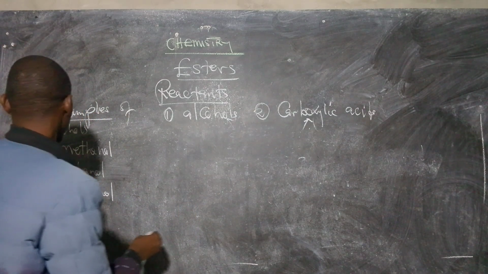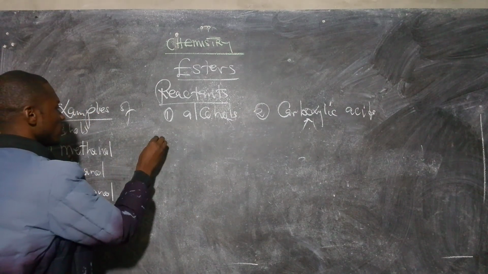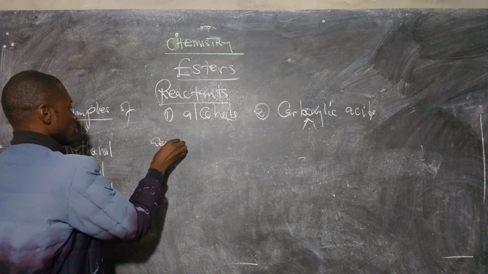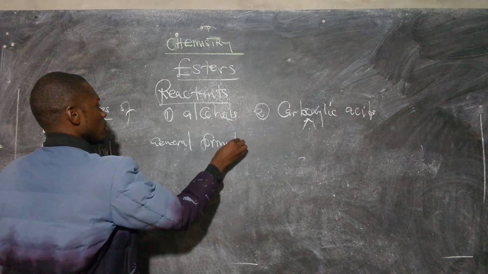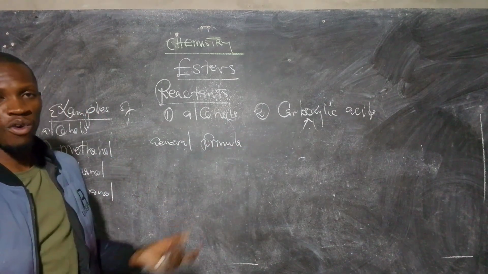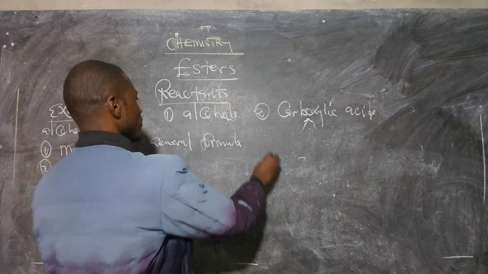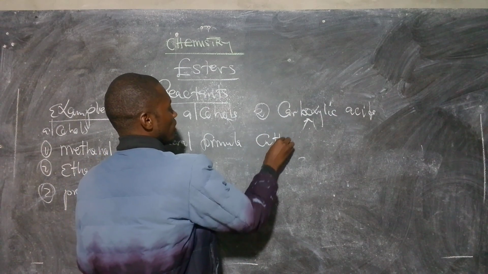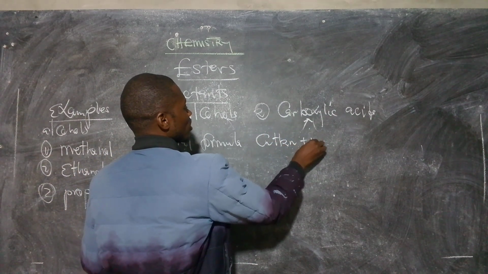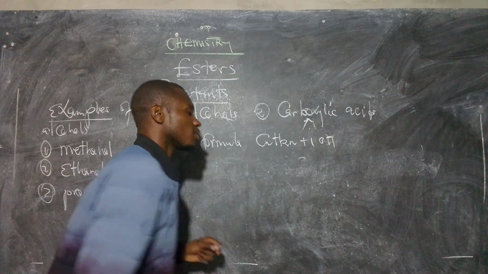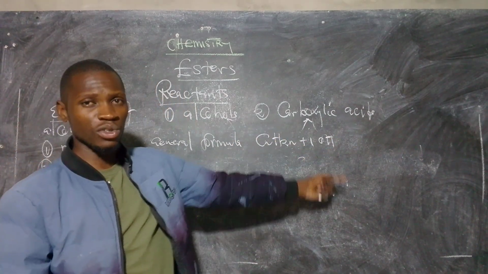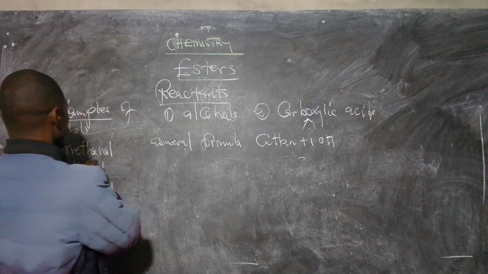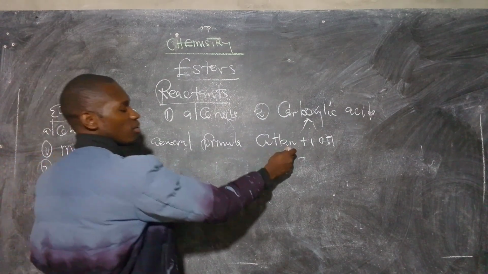So let me talk about alcohol just for a brief one. So methanol, we know that the general formula for alcohols, we have CnH2n+1 then hydroxyl group. So the functional group of alcohols is OH, hydroxyl group. So since methanol is number 1, n is 1, we put 1.